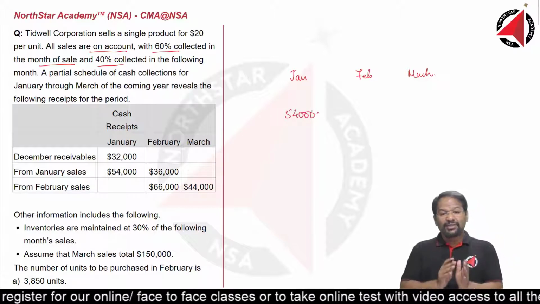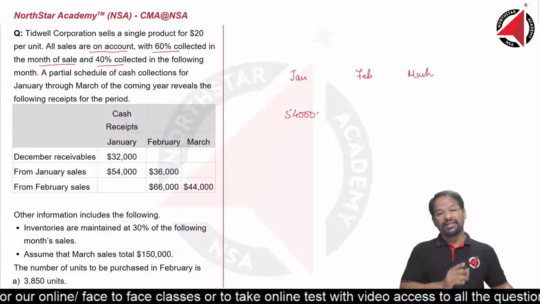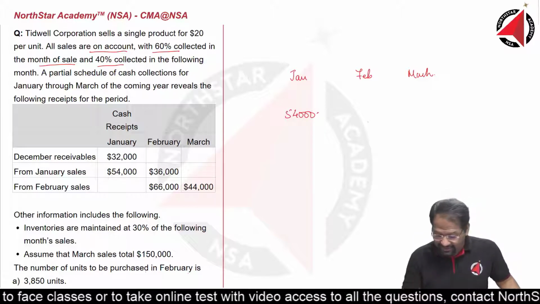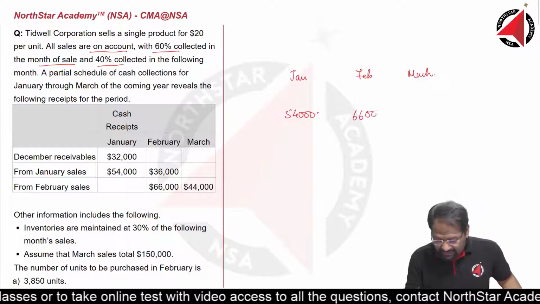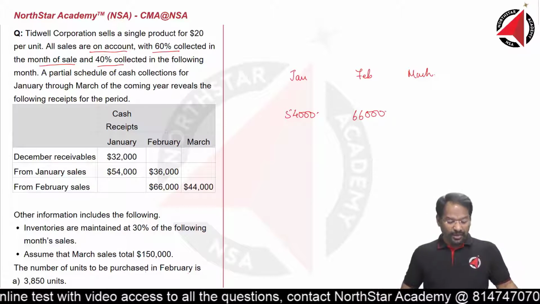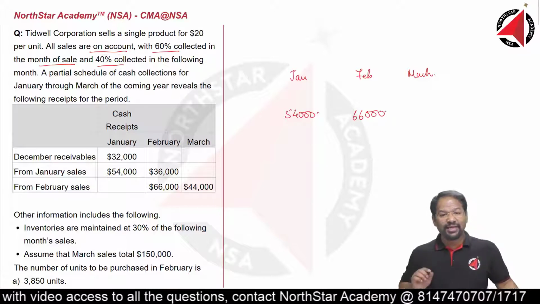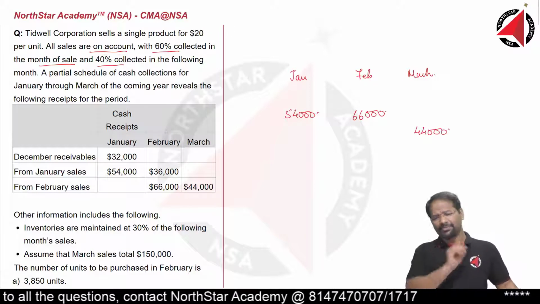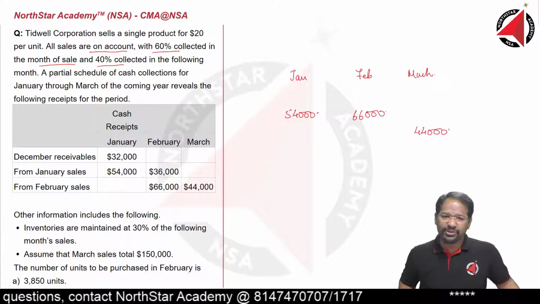February sales collected in February is 66,000. March sales collected in March is not given, but February sales collected in the month of March is 44,000. I am writing it separately to see how we can use this detail.